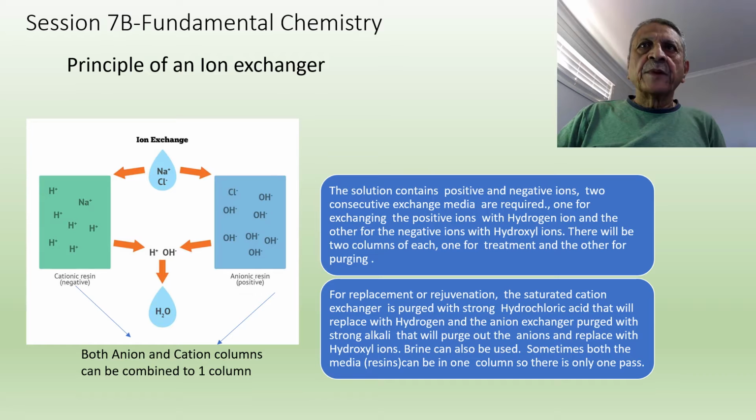As the name depicts, in a fluid such as water, any chemicals that are dissolved in the water will be distributed into their ionic form, a positive ion and a negative ion.